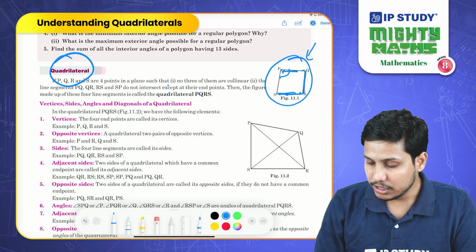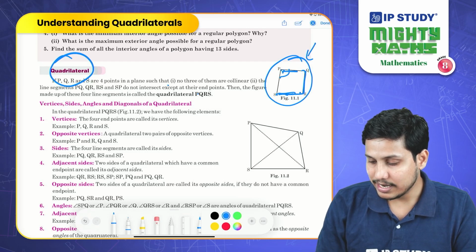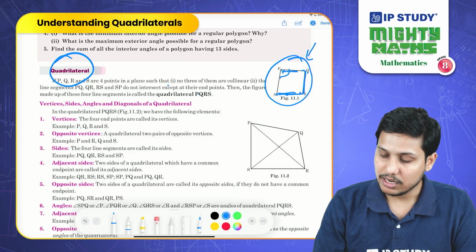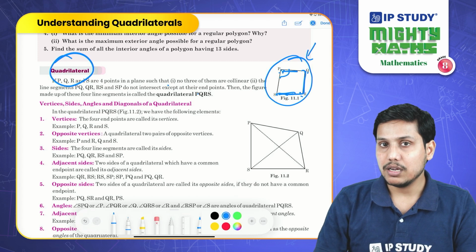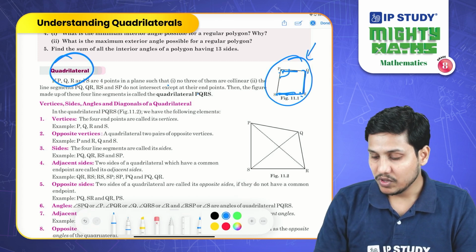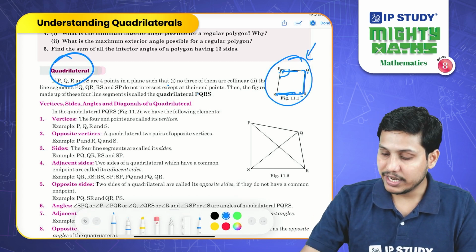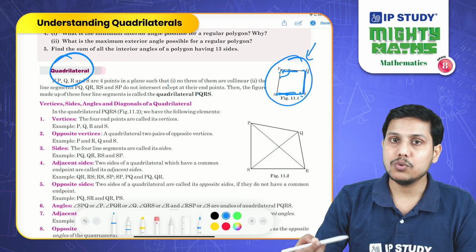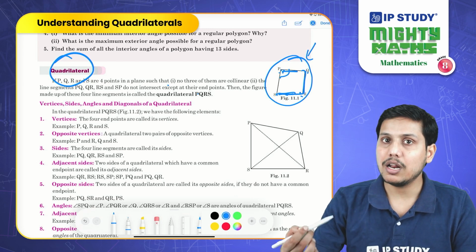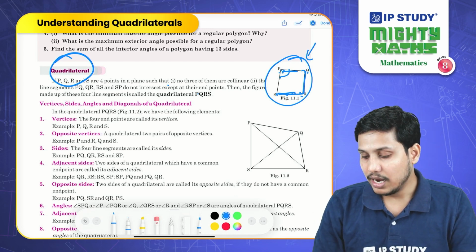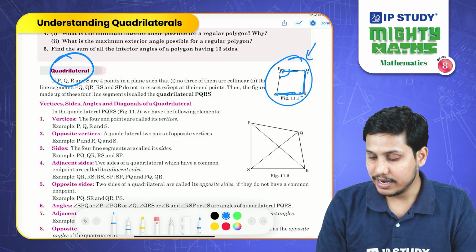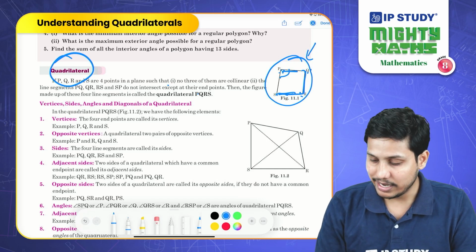Now these 2 vertices, S and Q, are opposite vertices. R and P are also opposite vertices. Also these are considered opposite angles, like angle S and angle Q are opposite angles, angle P and angle R are opposite angles. Yes, and for sides also, SR and QR are adjacent sides.